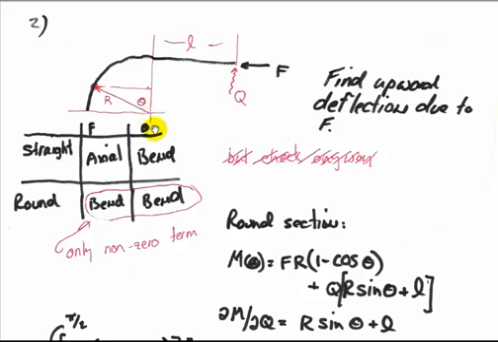And then we add to the table any energies that are going to happen because of the load Q. In this case, there would be bending in the straight section because of Q, and there would be bending in the round section because of Q. But what we saw was we only get non-zero terms when we have the same piece in both sections.